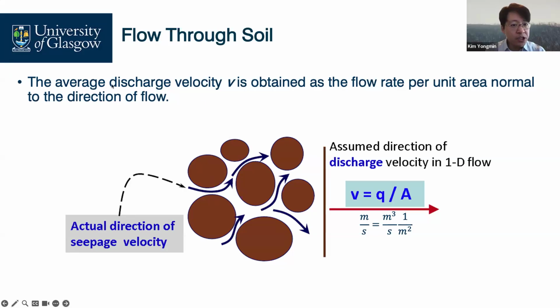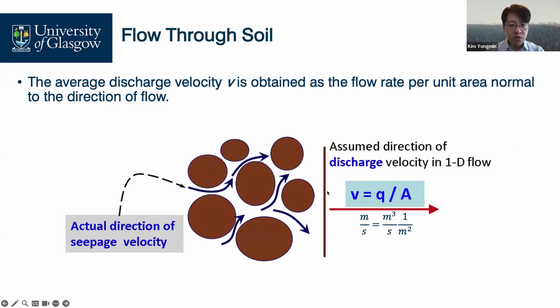So the average discharge velocity, just v, can be obtained as the flow rate per unit area, which is Q, the flow rate in soils, divided by A, the unit area of the soils, which is normal to the flow direction.